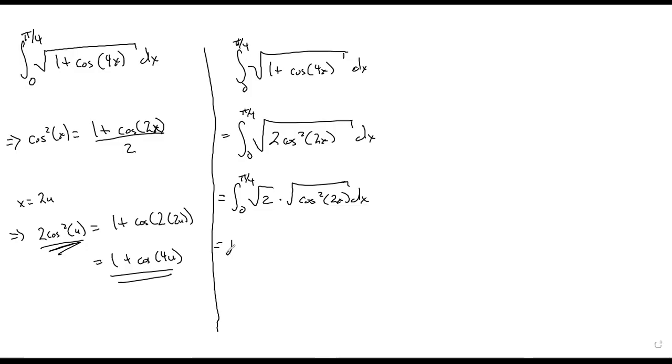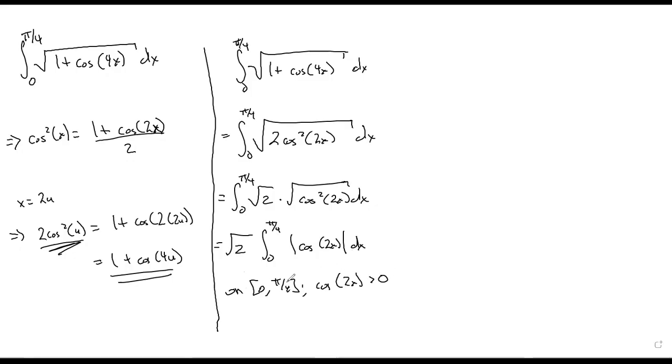Square root of 2 is a constant, so we can factor that out. Square root of something squared is the absolute value. Don't forget the absolute value here. And then we double check to see if this absolute value needs to be split into a plus and minus part. Now the good news is that on the interval 0 to pi over 4, cosine of 2x is going to be positive.